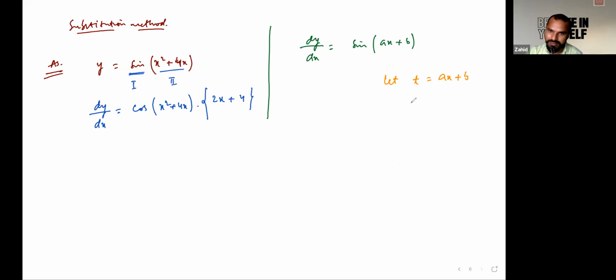Now differentiate this part. So dt over dx is equals to a, being the coefficient, and the differentiation of x would be 1, b being constant, so the derivative of any constant is 0. So I can simply write this as dt divided by a is equals to dx.